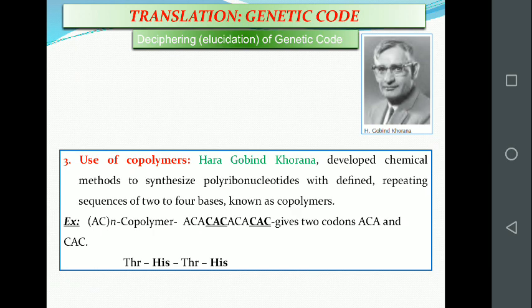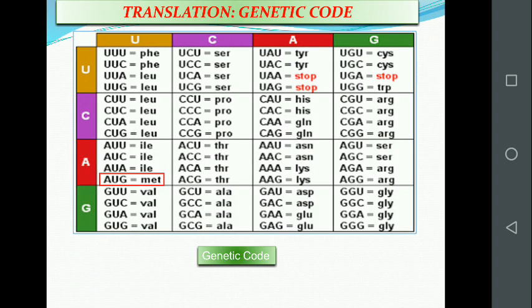So therefore he was able to identify, elucidate the remaining codons. So these three experiments have led us to establish the genetic code table.